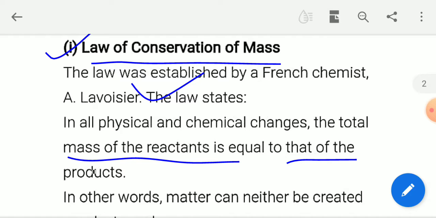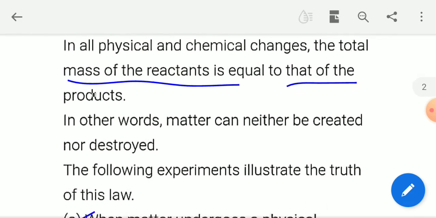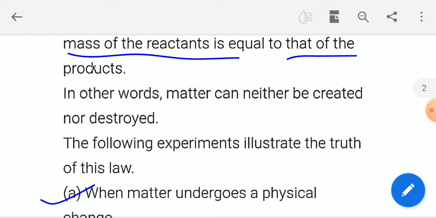That is, mass of reactant in a chemical reaction will be equal to mass of product. This is the statement of law of conservation of mass. In other words, you can say matter can neither be created nor destroyed.